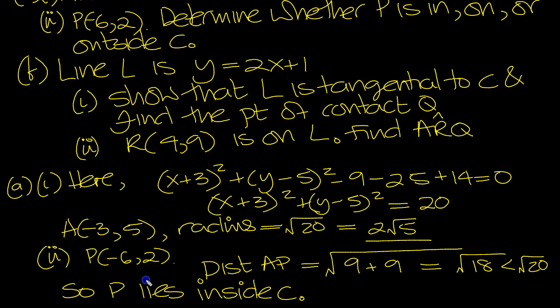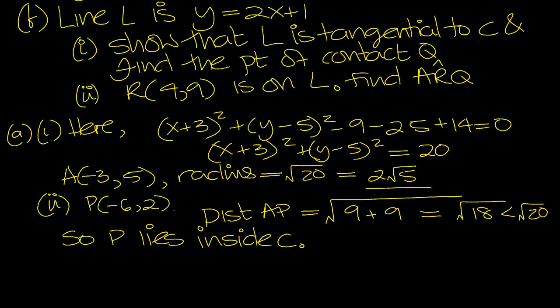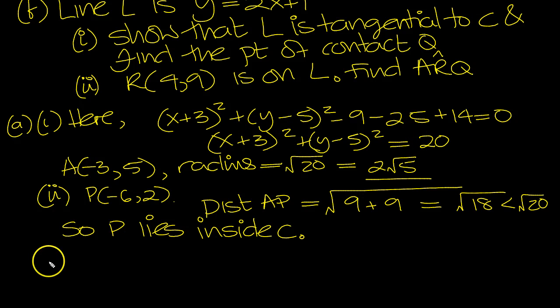Okay, that's part 2. Line L is y equals 2x plus 1. Show that L is tangential to C. So we've got our equation then. So this is part B. So L, the line L, is y equals 2x plus 1 here.